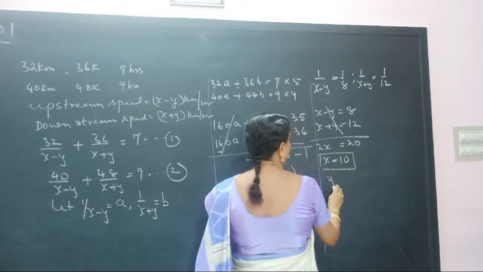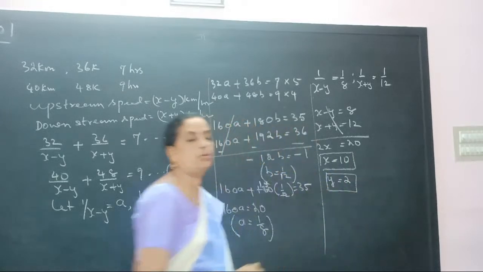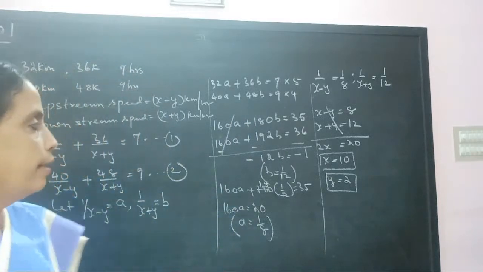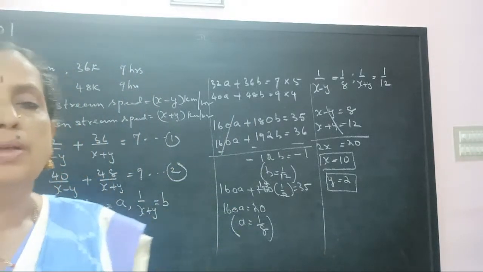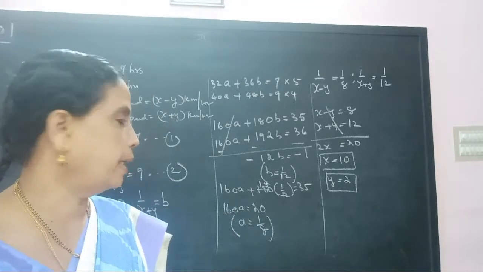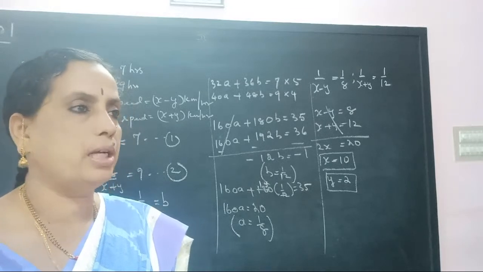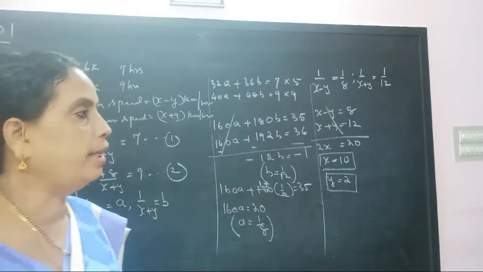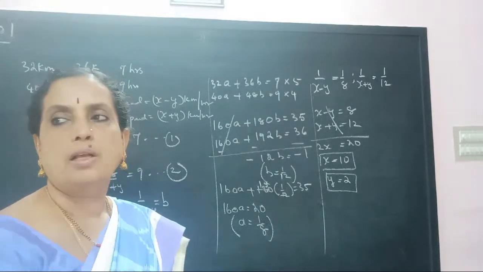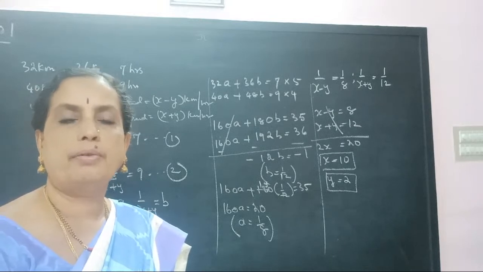Then y equals 2. Then finally conclude: therefore, the speed of the boat is 10 km per hour. Speed of the stream is 2 km per hour. Yes, Nandika, you are right. Conclude after getting x and y separately. Conclude your answer. Speed of the boat 10 km per hour.